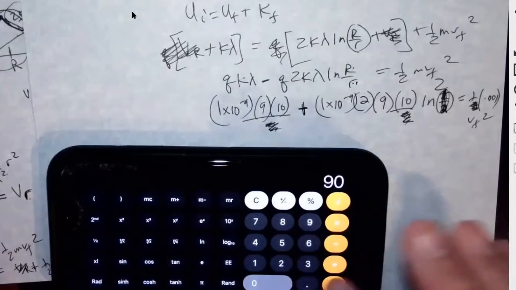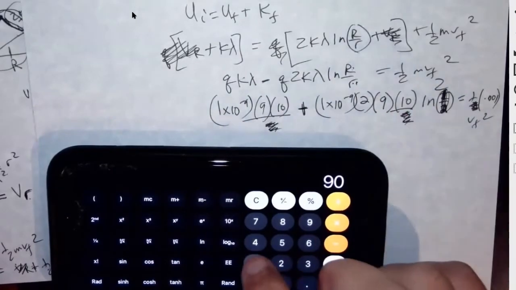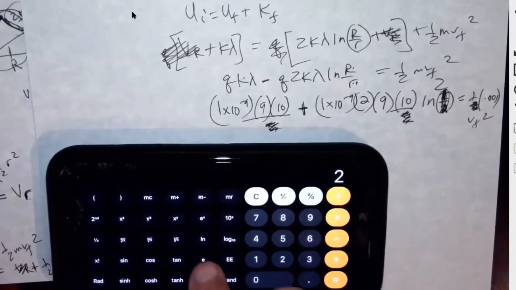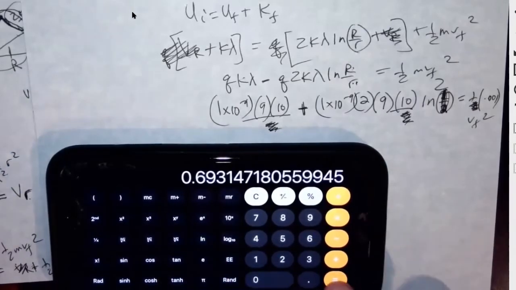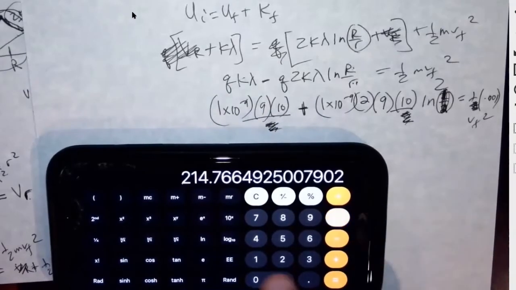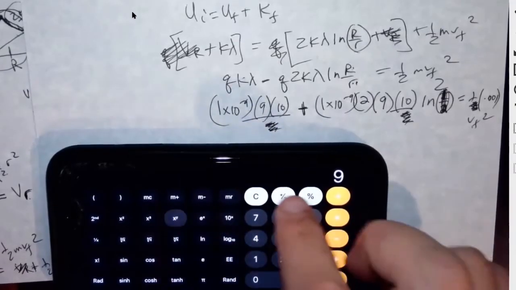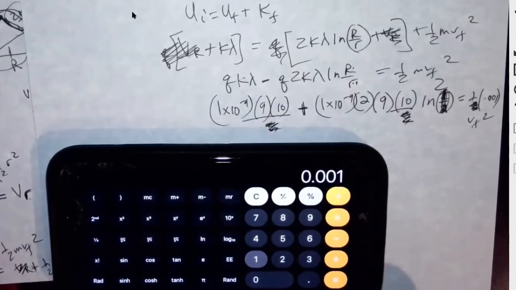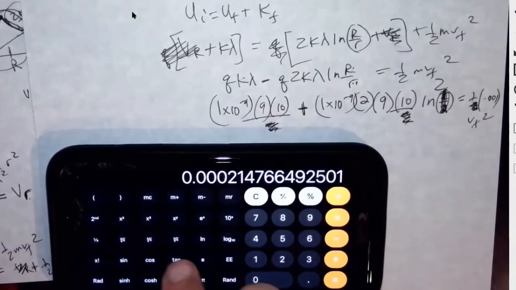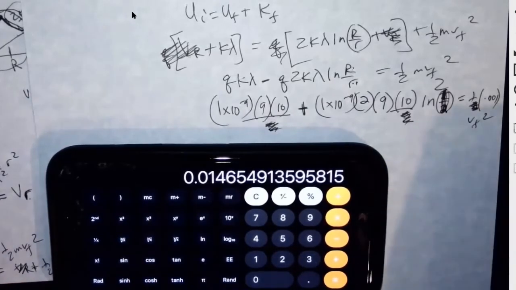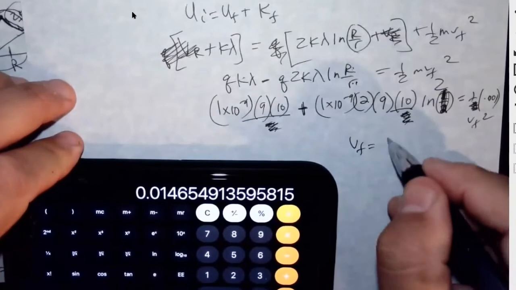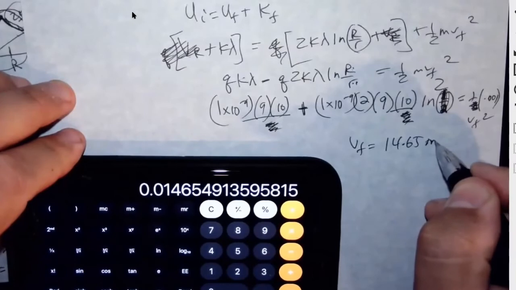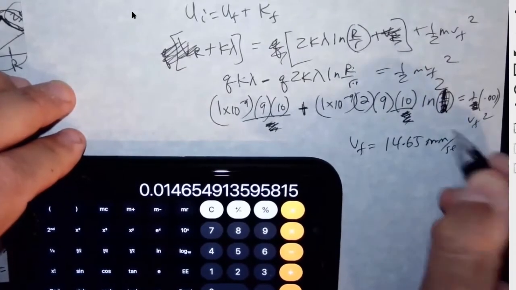So you have 90 plus 180 times 2 ln, times 10 to the power of negative 9, divided by 0.001, square root. Oh yeah, 14.65 millimeters per second.